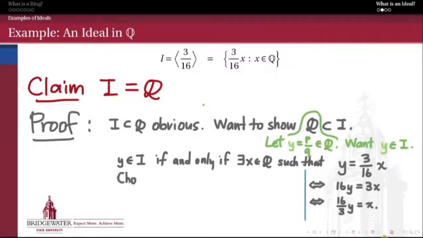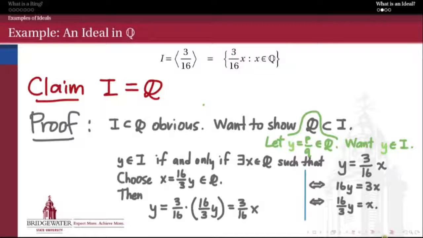Now back in our proof we'll say choose x to be 16/3 y, and we know that's a rational number. Then we know that y is equal to 3/16 times x. QED, that means y belongs to I. So the ideal generated by the number 3/16 is all of Q.